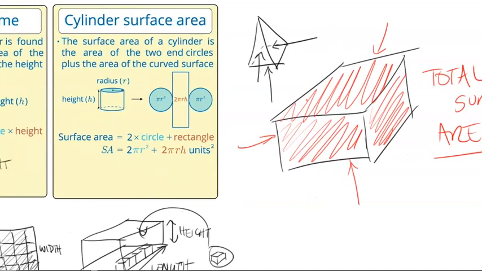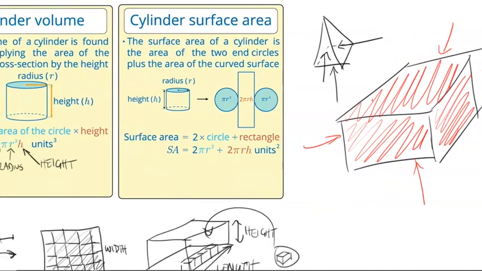Now for a cylinder, the cylinder surface area is made up of 3 shapes. 2 shapes, the top part, which is a circle, and the bottom part, which is also another circle, and those circles are the same size. And then you have this strip that goes around the outside.